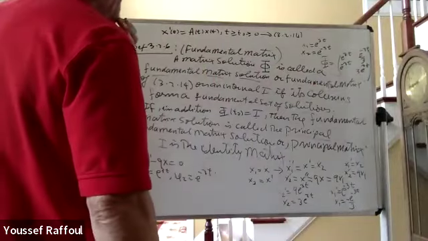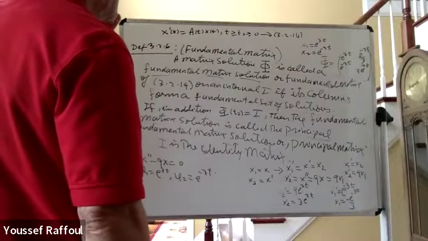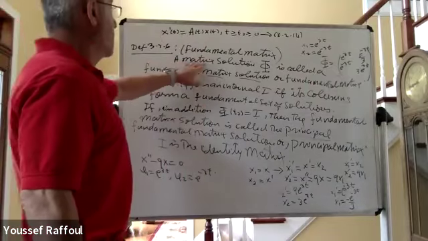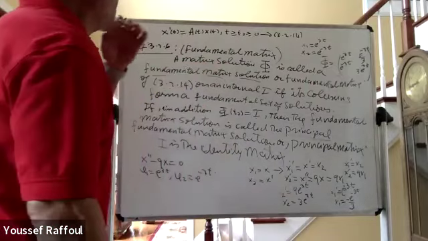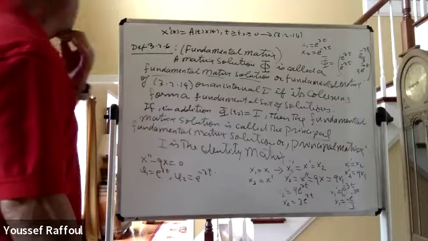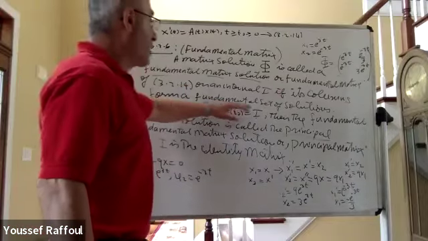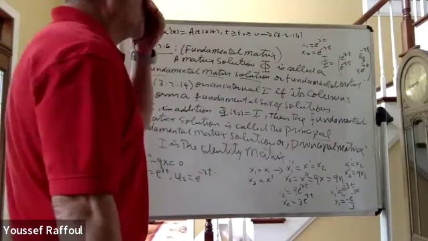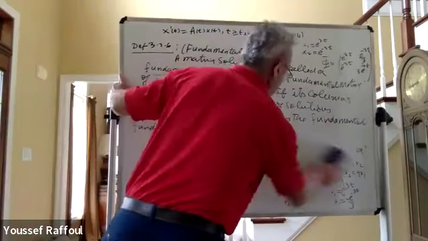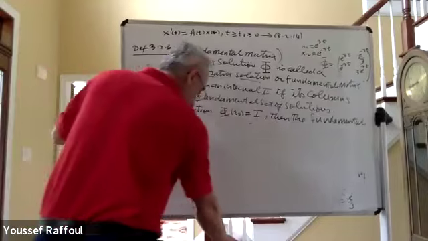We said, remember, a matrix solution phi is called a fundamental matrix solution or fundamental matrix on an interval I if its columns form a fundamental set of solutions. So what does that mean? Its columns.